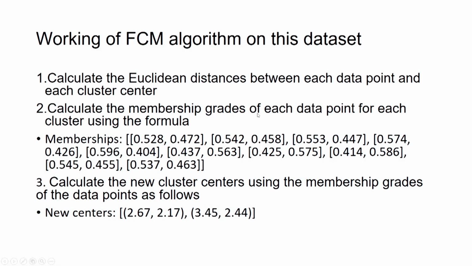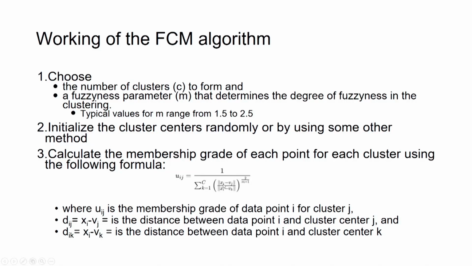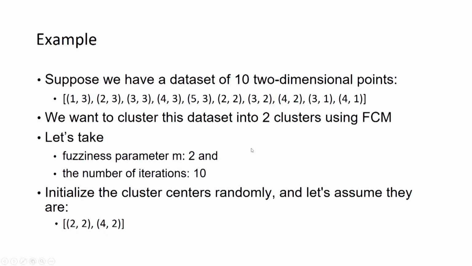For that, we have already seen the formula, and that is why we calculated the distance between each point and the centroids of the different clusters. Using this formula we will calculate the membership grade of each point for each cluster, for both of these 2 clusters.